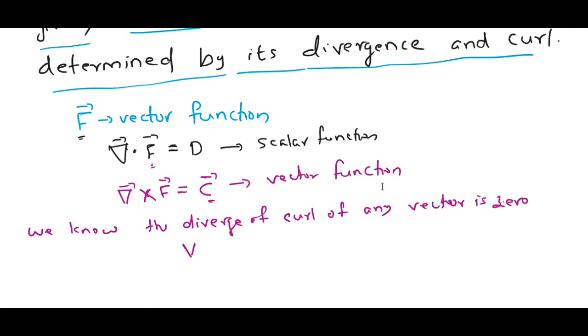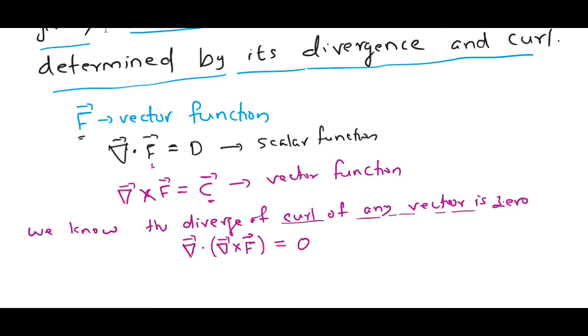If I write here, divergence of curl of any vector, del dot del cross F, that is equal to 0.